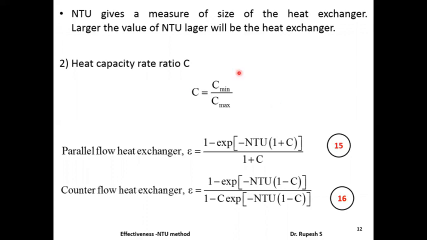If we group into non-dimensional terms, effectiveness can be represented as a function of number of transfer units, NTU, and heat capacity rate ratio, capital C. For a parallel flow heat exchanger, the relationship is given by equation number 15, and for a counterflow heat exchanger, it is given by equation number 16. From these equations, if you know the NTU and heat capacity rate ratio, the effectiveness of the heat exchanger can be calculated.